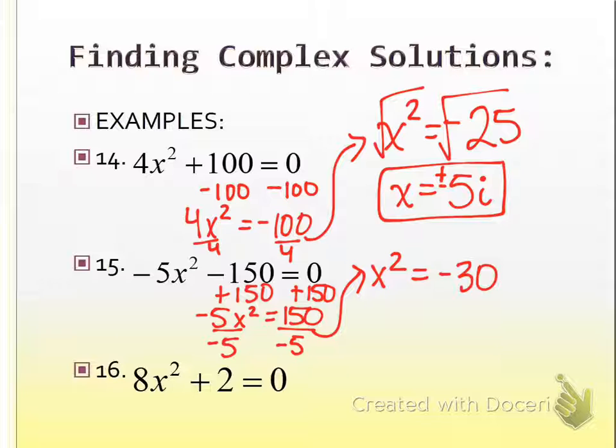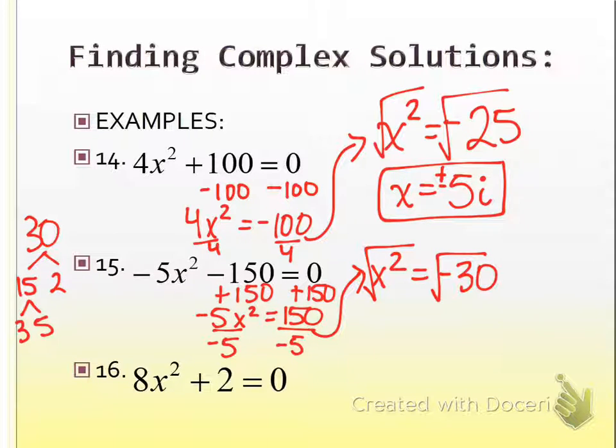My next step is to square root both sides. Will negative 30 simplify? No. Even if we use a factor tree. If we try to factor 30, what do we get? We get 15 and 2. 15 breaks into 3 and 5. Do we have any pairs here?